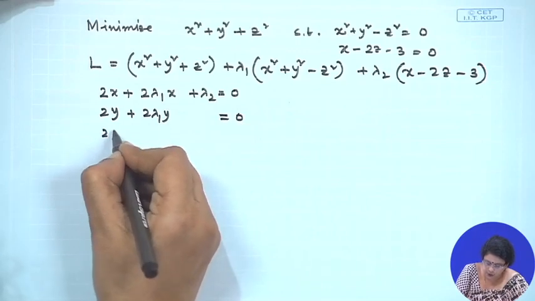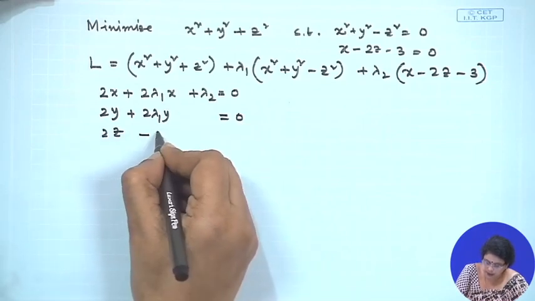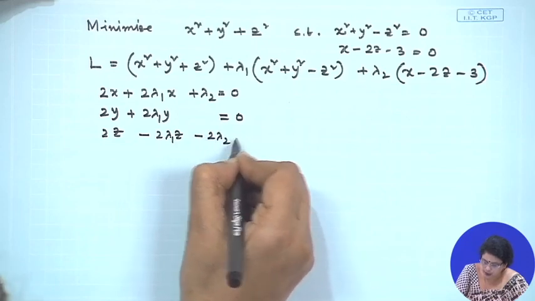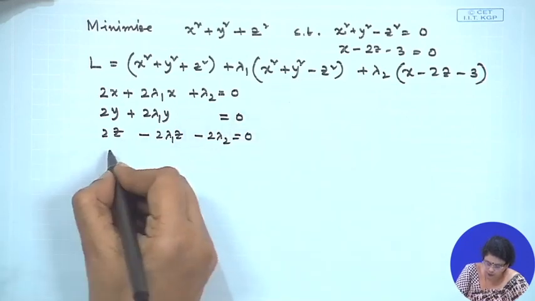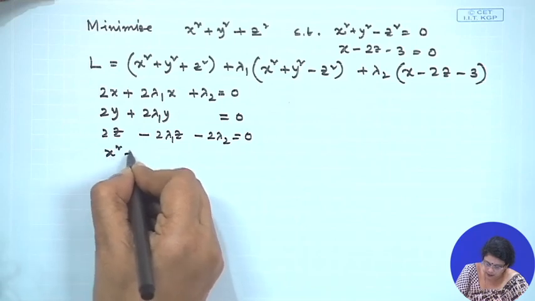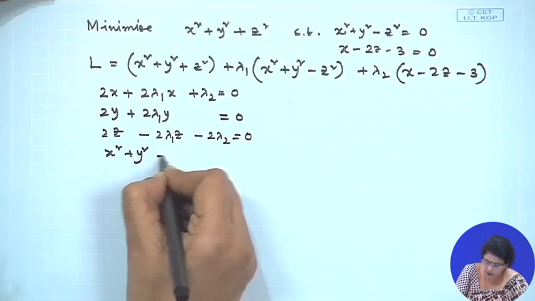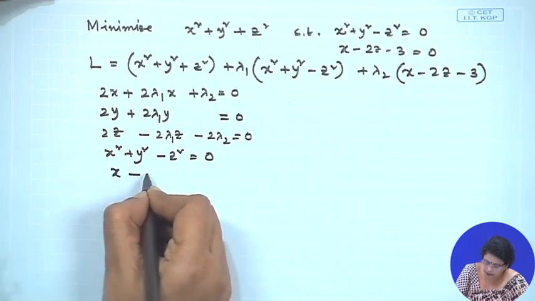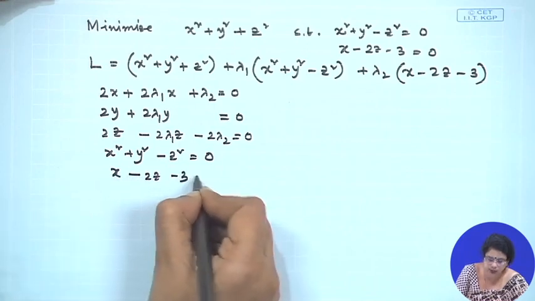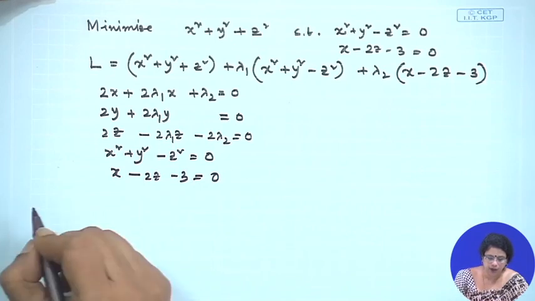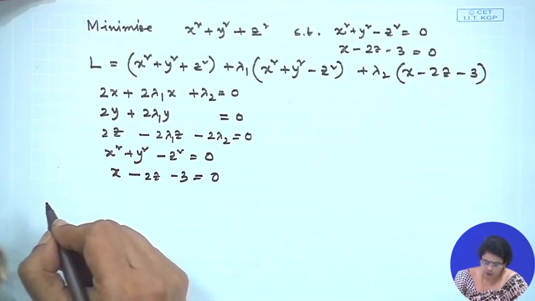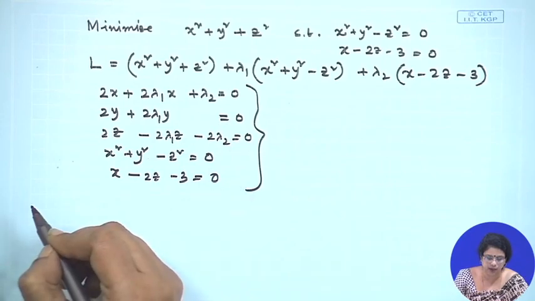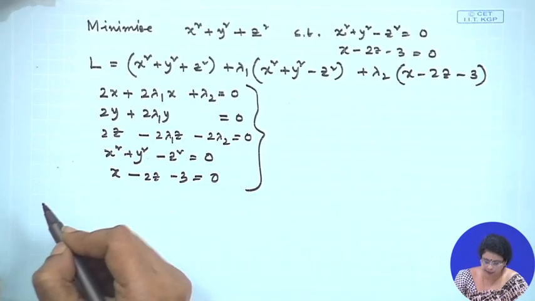Third would be 2z minus 2 lambda 1 z minus 2 lambda 2 equal to 0. Fourth will be x square plus y square minus z square equal to 0, and the fifth would be x minus 2z minus 3 is equal to 0. Now, you see we are having two constraints together. One is lambda 1 and another one is lambda 2.